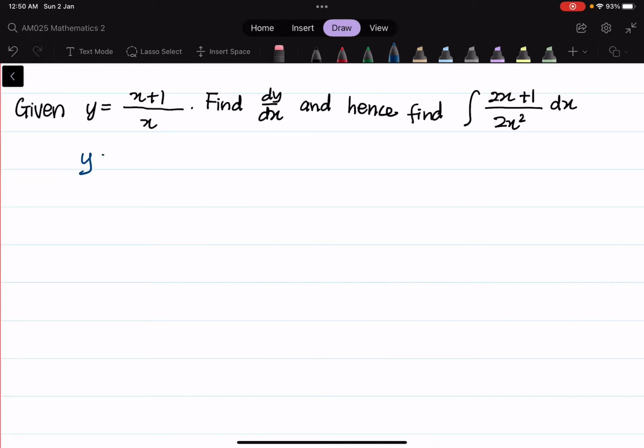So x divided by x is 1, and 1 divided by x is x to the power of negative 1. Now it will be easier to differentiate.